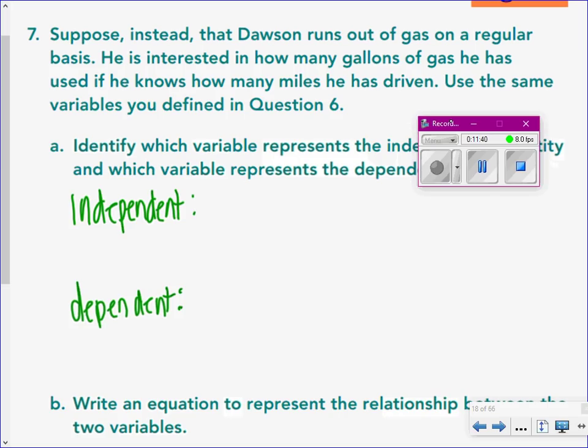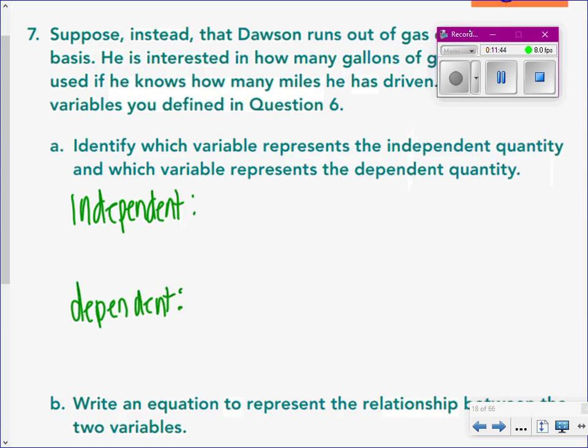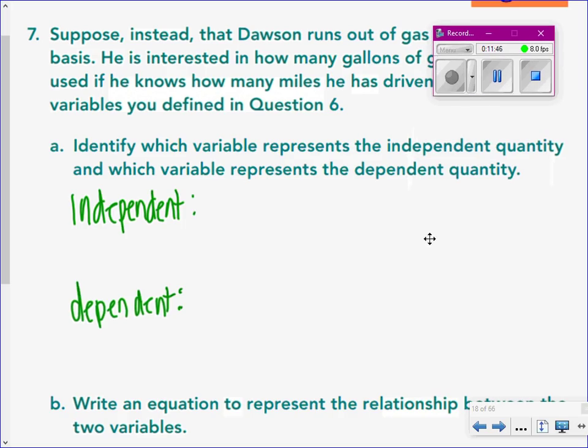He's interested in how many gallons of gas he has used if he knows how many miles he has driven. So now we know his miles. We know how many miles he drives. We're trying to find gallons per mile, essentially.